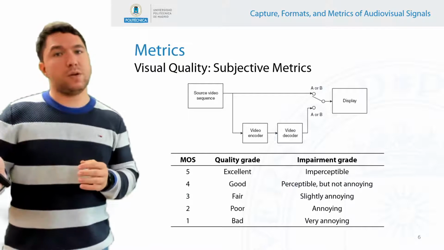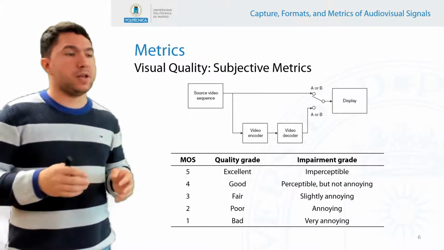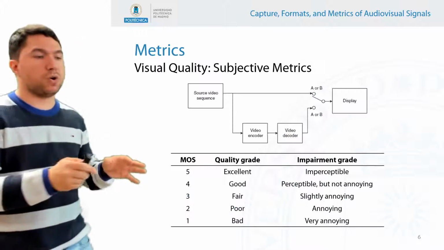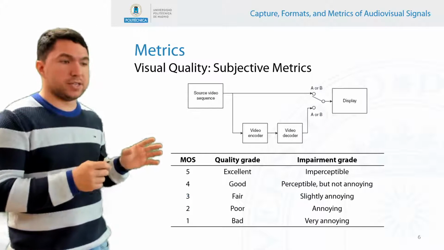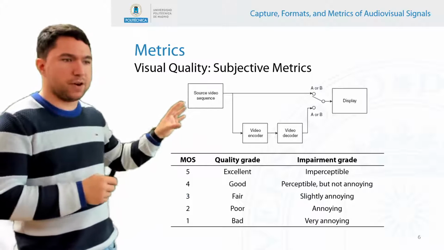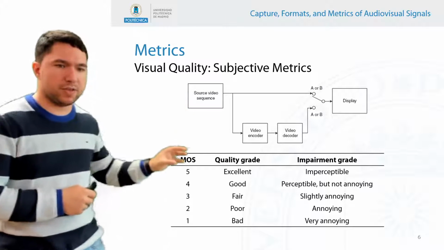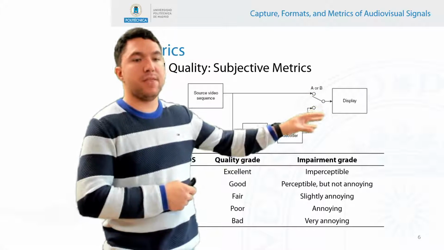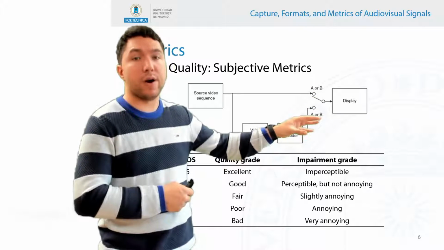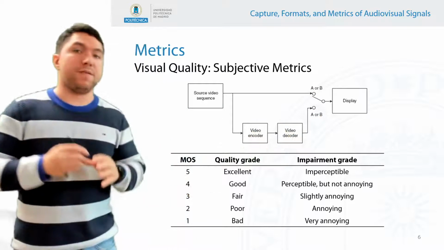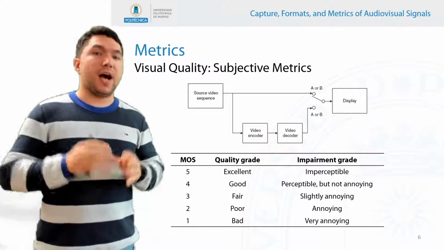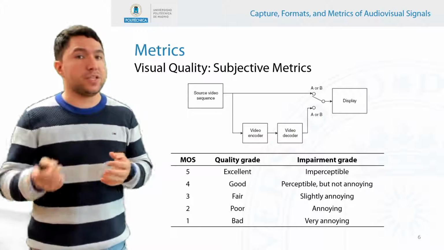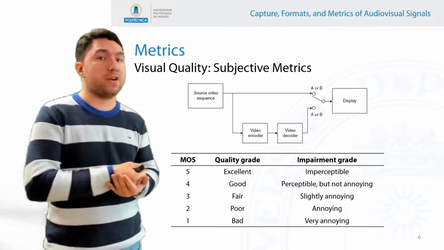What does mean opinion score do? What it does is that, of course, we have here the original video sequence and then the compressed and decompressed video sequence. And then we display both sequences to a viewer. The viewer is asked to score how good the second sequence is compared to the first one.